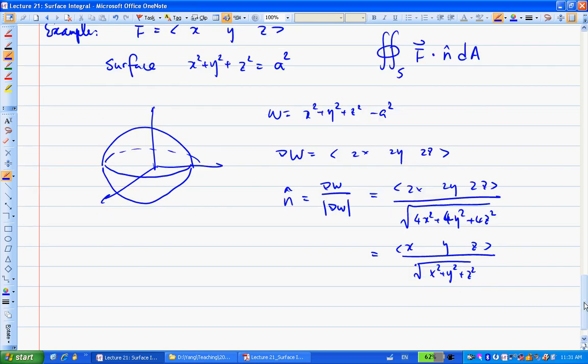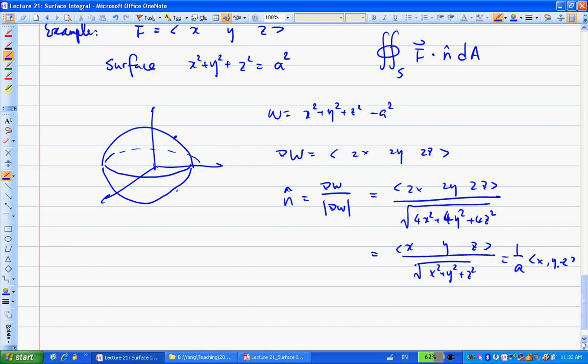We're talking about the unit normal vector anywhere on the surface. On the surface, the value of x squared plus y squared plus z squared is a squared, so this becomes 1 over a times x, y, z.